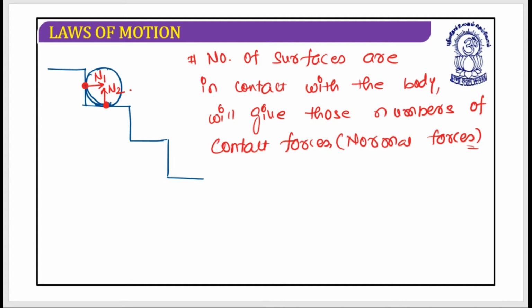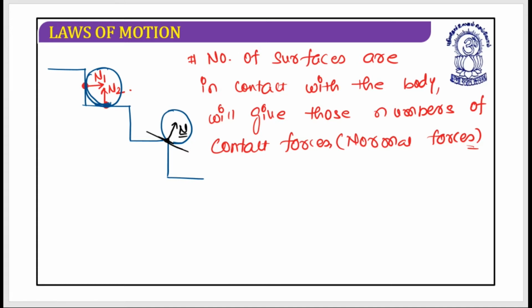Now let's suppose one of the objects is lying like this. If you observe this very carefully, there would be one point which is in contact. For your reference, you can draw a tangent, and from this tangent you can draw one normal force over here.